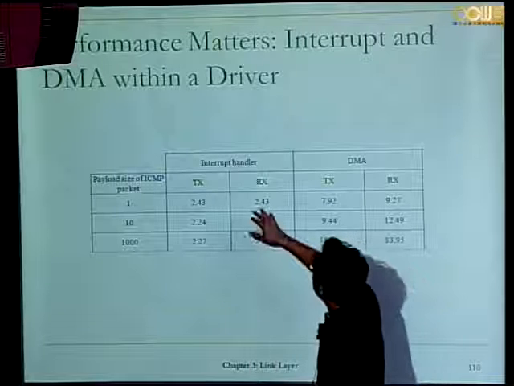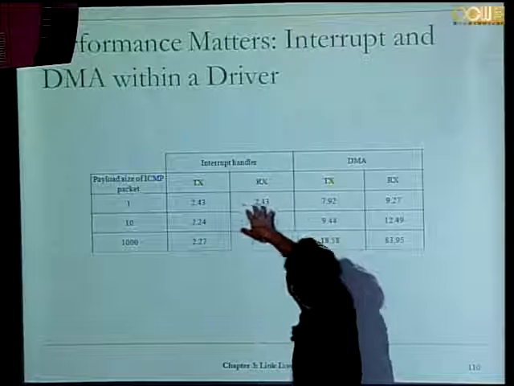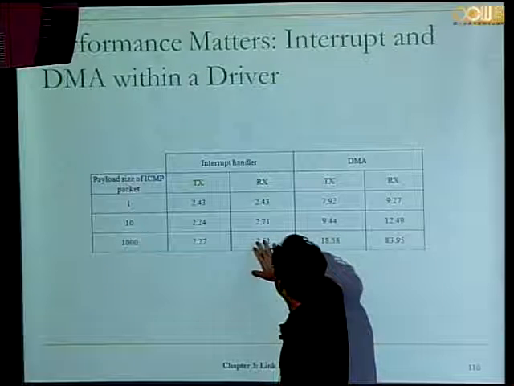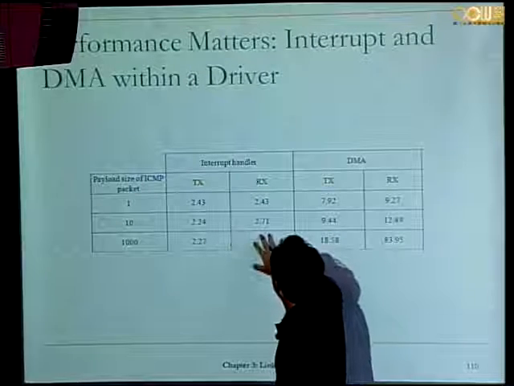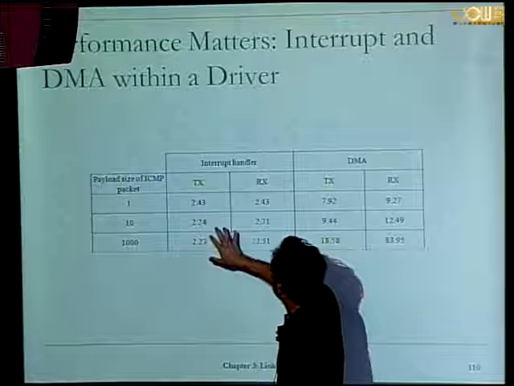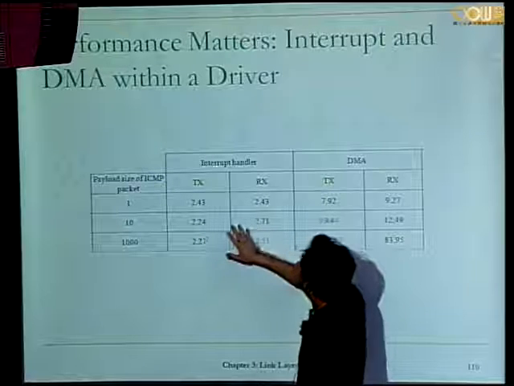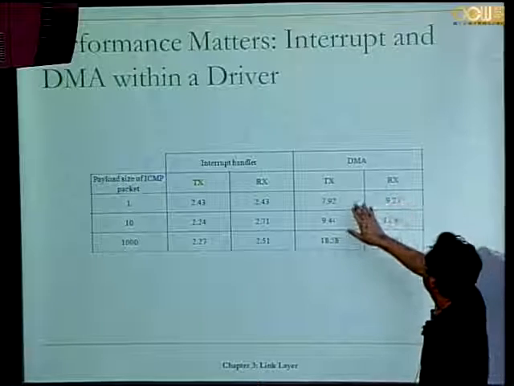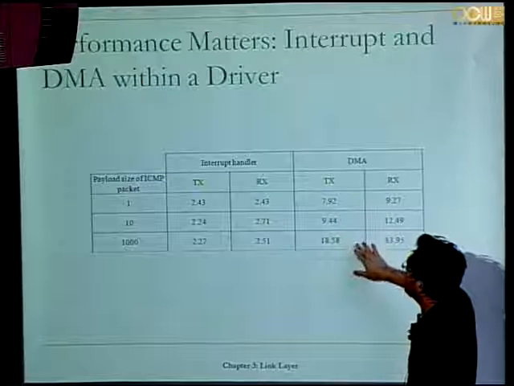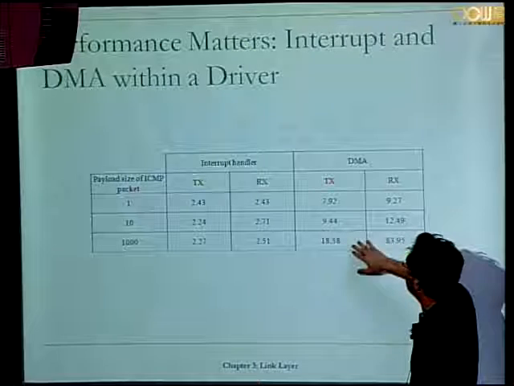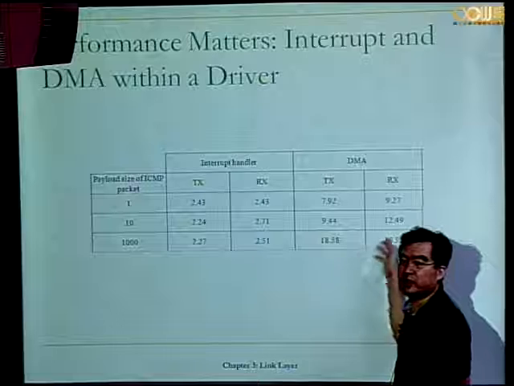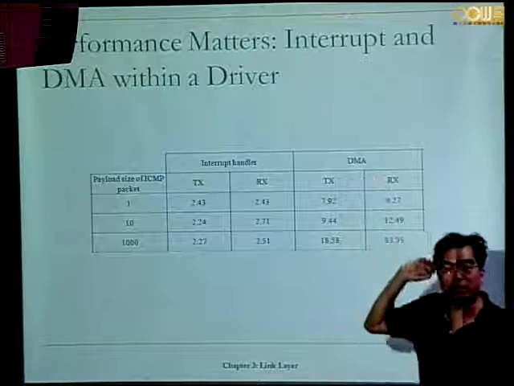Here the interrupt handler, the receive and transmit, they approximately take the same amount of time. However, the DMA time is different. If the frame size is larger, then it would take longer DMA time. But again, this is not the CPU time. The DMA time is not done by the CPU.